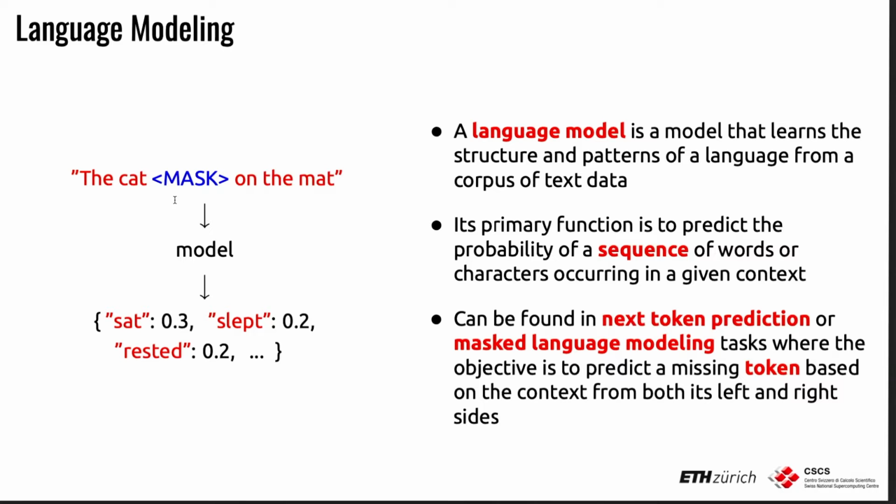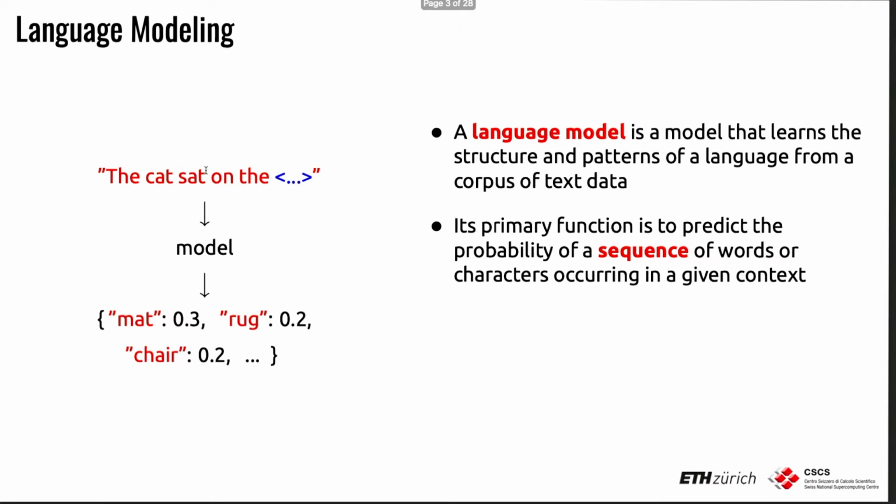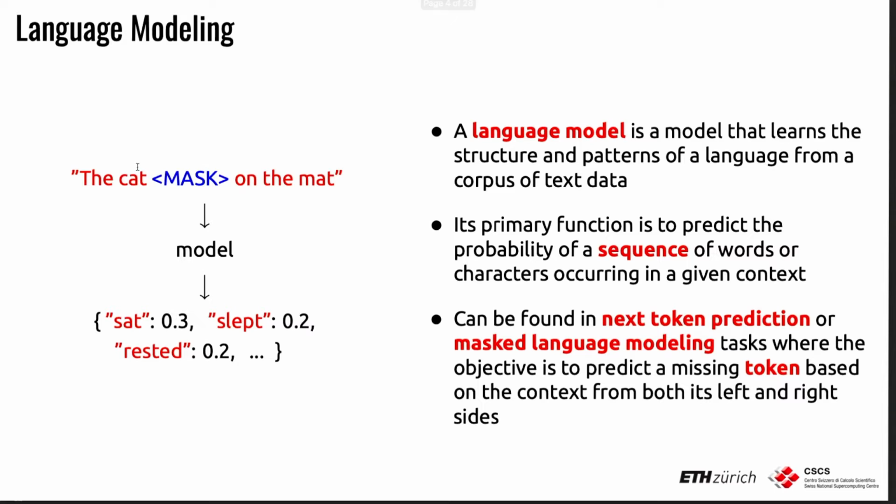The main difference is that in the first one, the model has information only from the beginning of the sentence, the left of the missing word. We call this the context that it is going to use to predict. And in this one, the context comes from both sides of the sentence.